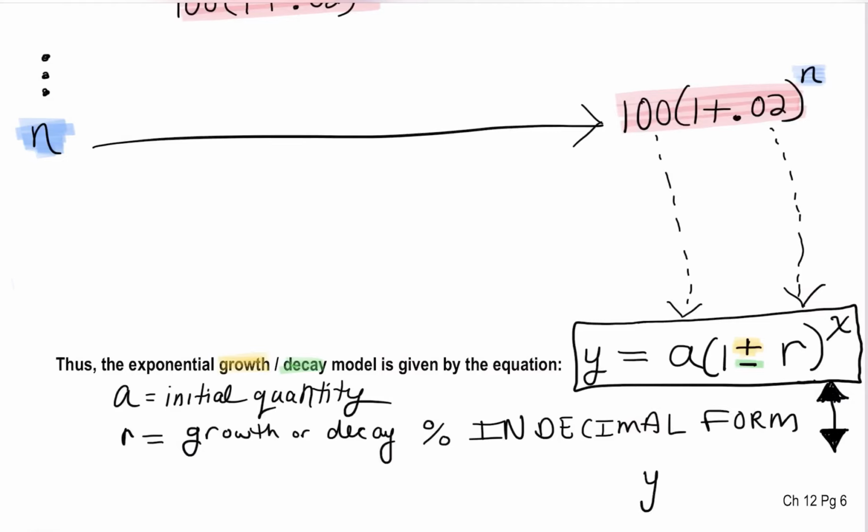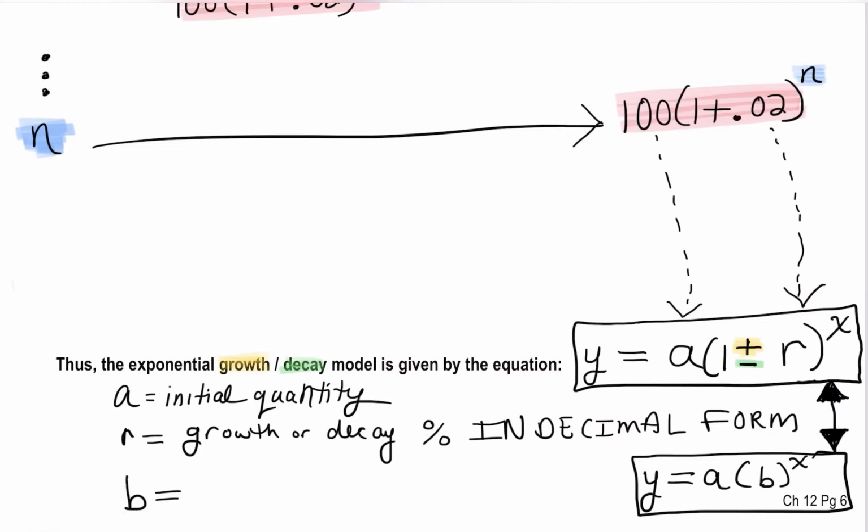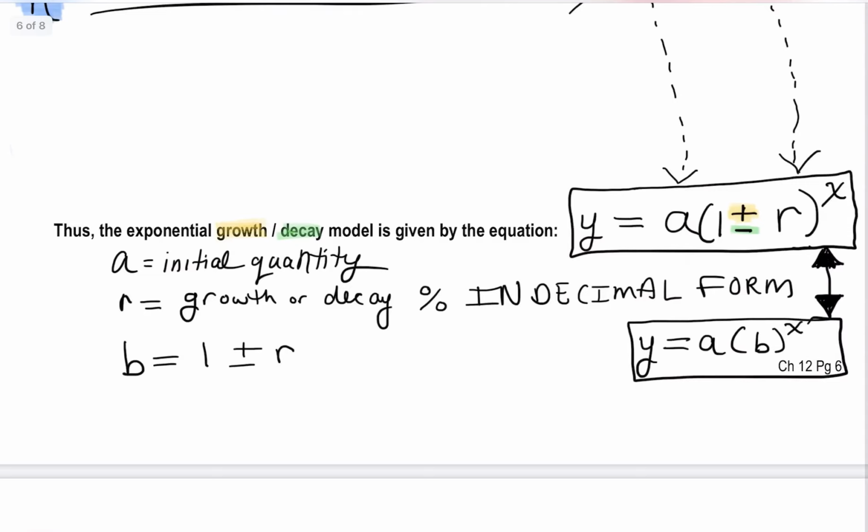And so when we do that, they will refer to that initial amount as A, and the 1 plus or minus R is going to then be a variable B. So if you see that, your B is just whatever that 1 plus or minus R is, simplified. As a matter of fact, I think your homework often will ask you to write out an exponential equation in that form. And so, that's basically it. Be prepared though, it could be in a different variable.